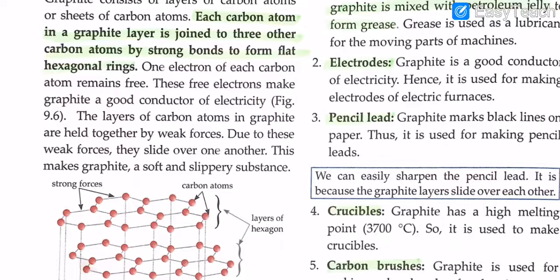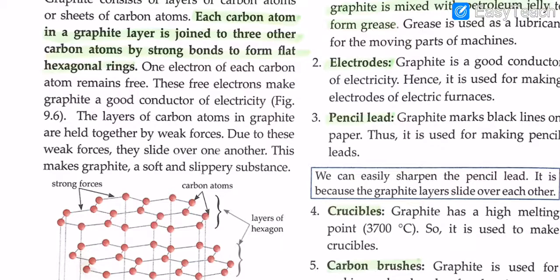Okay, and the layers of carbon atoms in graphite are held by weak forces, definitely compared to diamond. Due to these weak forces, they slide over one another. This makes graphite a soft and slippery substance.